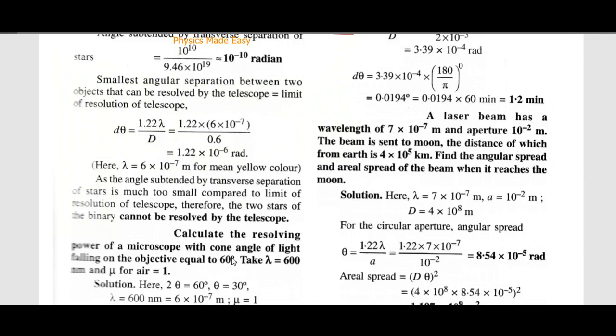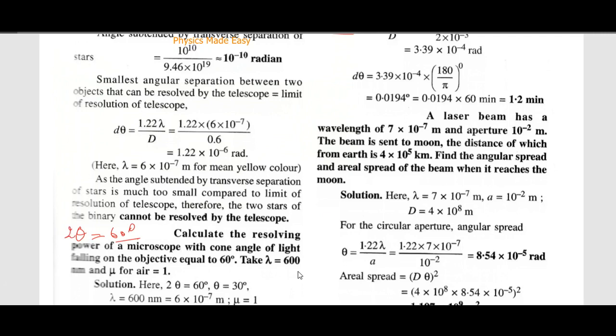Calculate the resolving power of a microscope where the cone angle of light falling on an object is 60 degree. It means this is a microscope. Now, in this case, cone angle is given to be 60 degree.